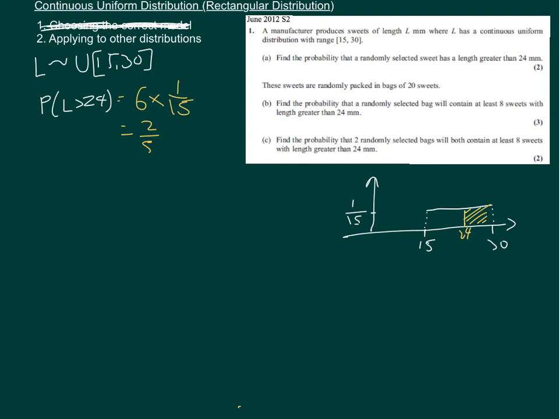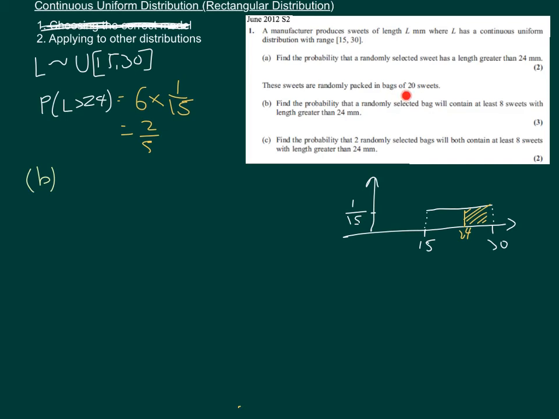Okay, so now we're told that these sweets are randomly packed in bags of 20 sweets. Find the probability that a randomly selected bag will contain at least 8 sweets with length greater than 24 millimeters. So here the distribution is changing. We know that the probability of getting a sweet which has a length of 24 or more is 2 over 5.